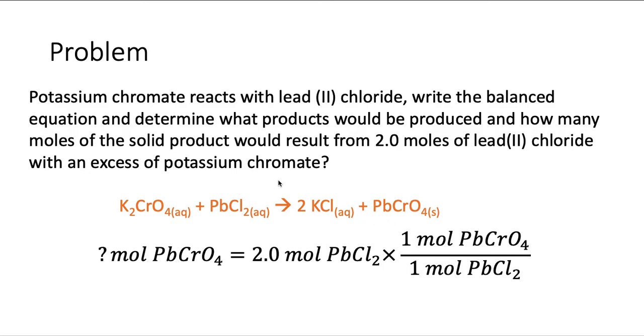So it's a 1-to-1 ratio. For every mole of lead 2 chloride, I make 1 mole of lead 2 chromate. And here it is. 1 mole of lead 2 chromate for every 1 mole of lead 2 chloride. These will cancel, leaving me with the moles of lead 2 chromate at the top, which will be 2 moles, because it's a 1-to-1 ratio.